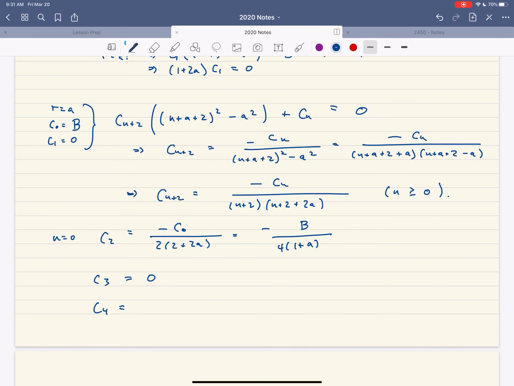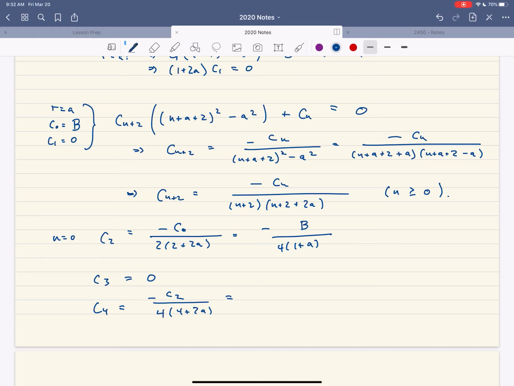C4, okay, what we're going to get for C4 is, let's see, negative C2 over 4 times 4 plus 2a. So we get 4 over 4 plus 2a.